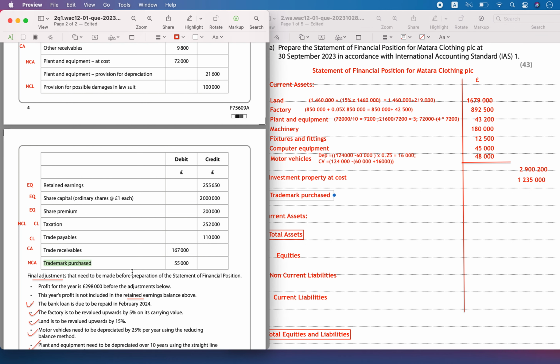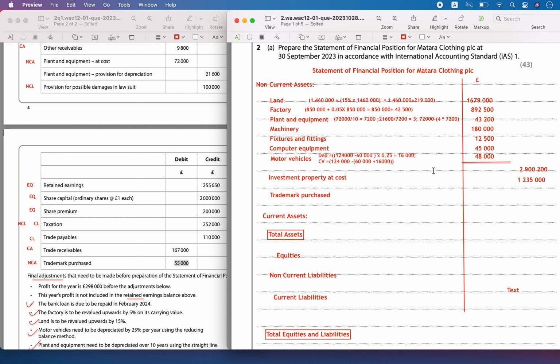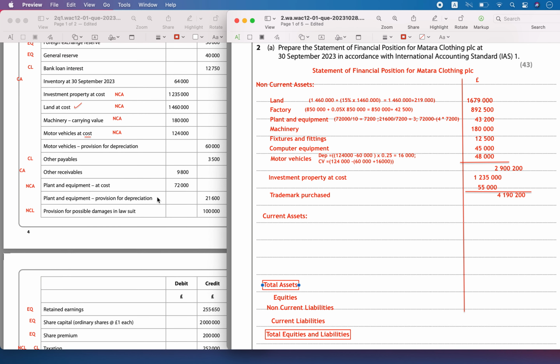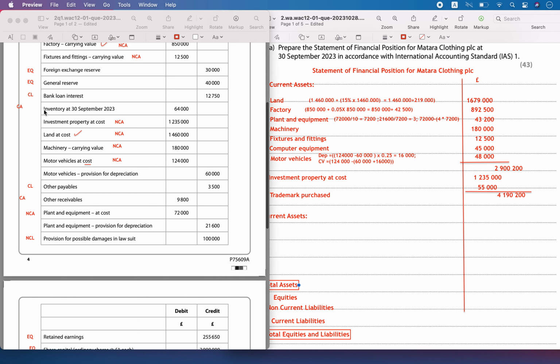You have a trademark purchased for 55,000. There have been no changes, so you add this and this, and the value becomes 190,200.